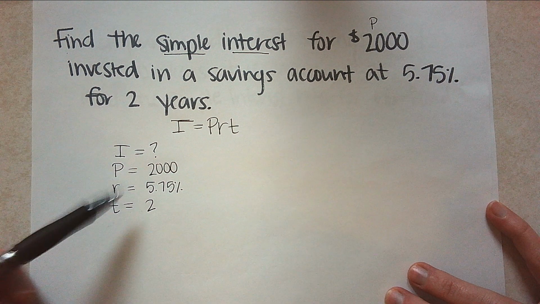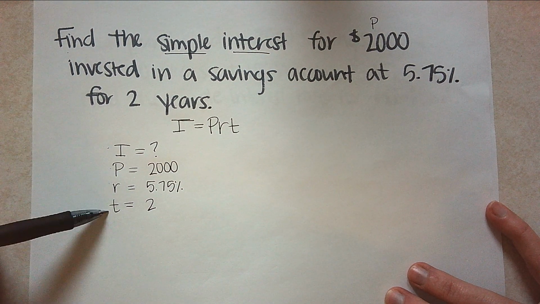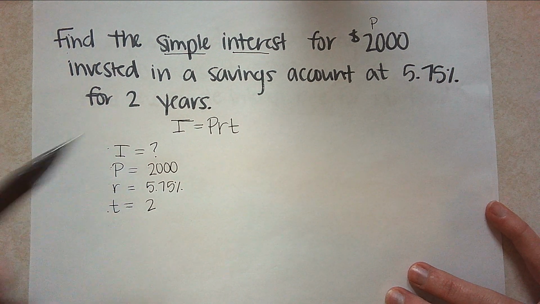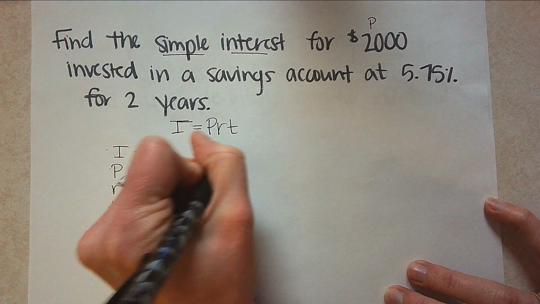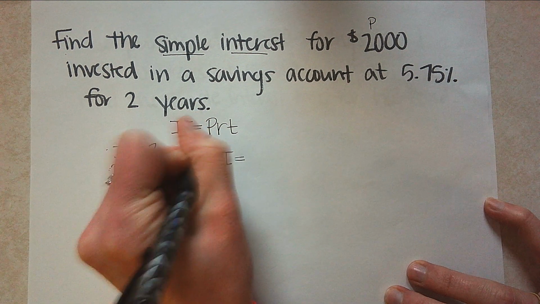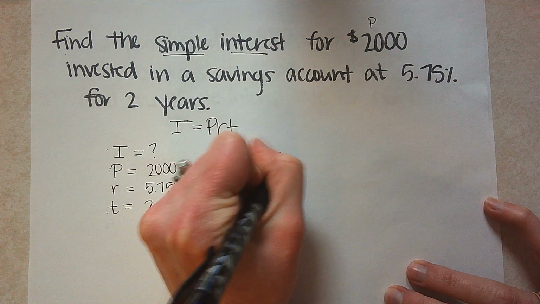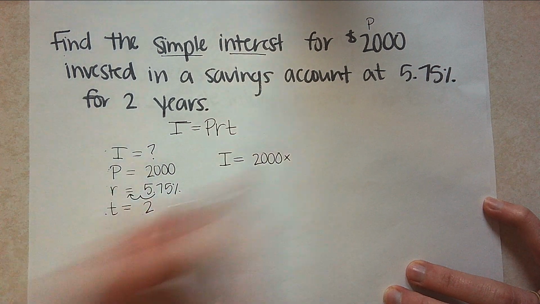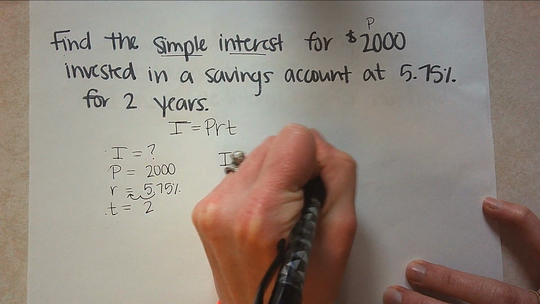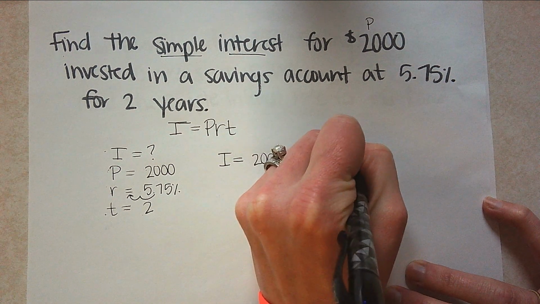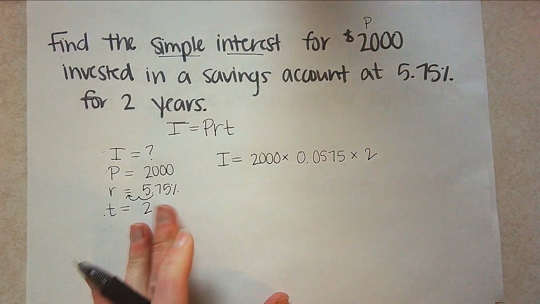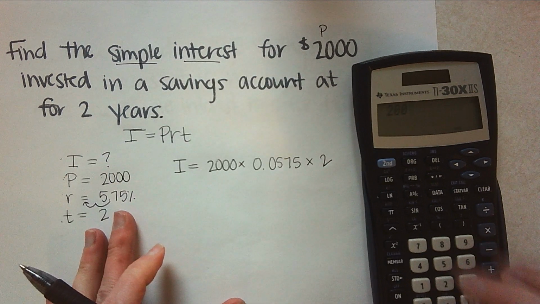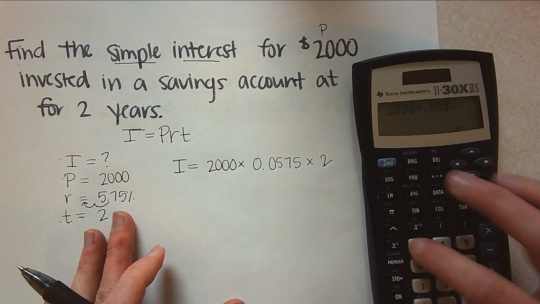So now that I've got my variables defined, I've got them with a value, now I can plug them into this equation. The P is $2,000 times my rate is, move that decimal 2 places to the left, 0.0575 times 2. Note that I'm not doing any rounding. The directions didn't tell me to round, and so I'm not going to do any rounding with that percentage.